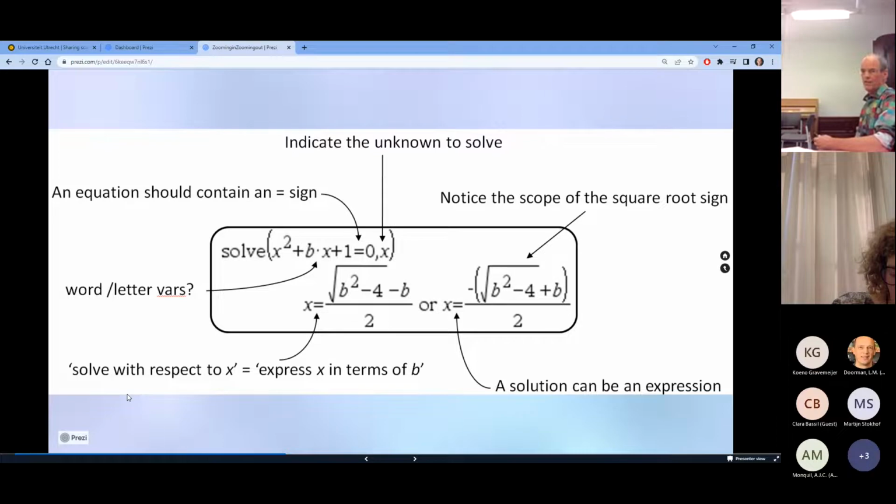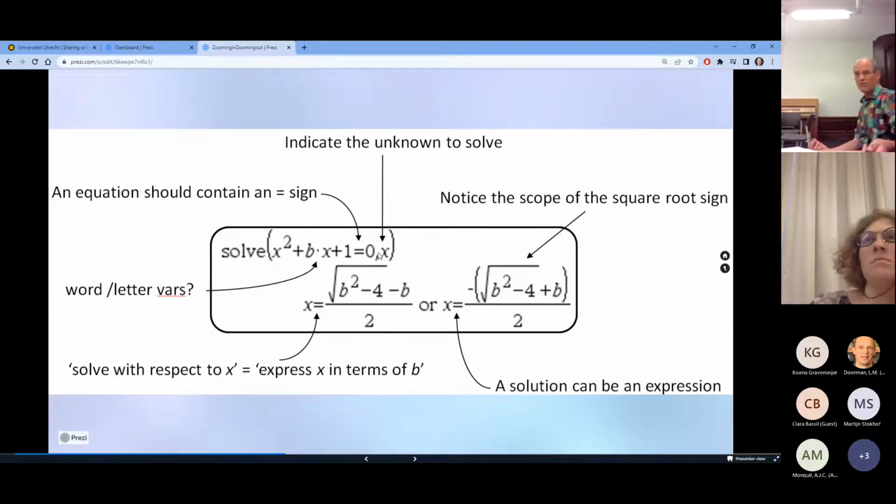For example, here is the solve command, which looks quite straightforward in a computer algebra system. But relatively young students, these were 15-year-olds, suffer from all types of difficulties that on the one hand seem syntactical, but on the other hand have a mathematical counterpart.